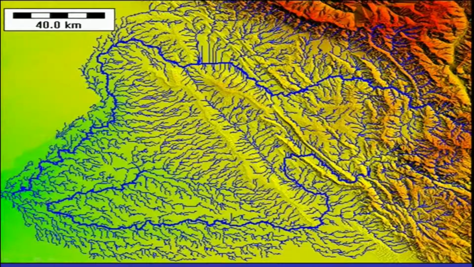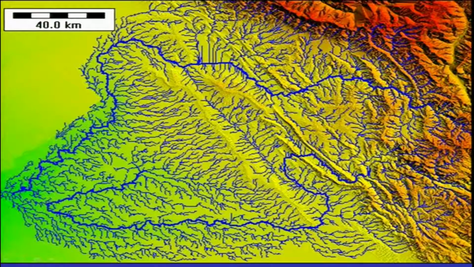Further, when you extract the drainage from the satellite topographic data, that is SRTM, Shuttle Radar Topography Mission data, and try to classify the drainage pattern, it can again be classified as a dendritic pattern.